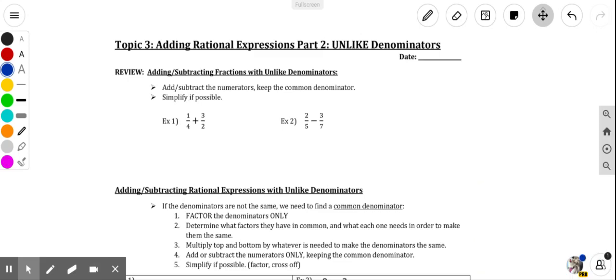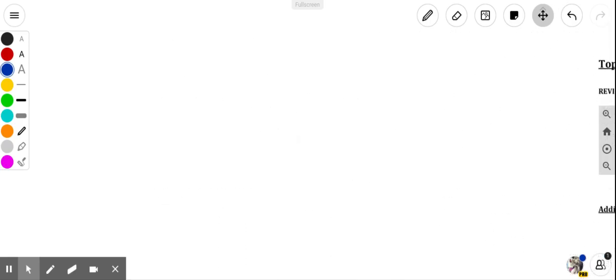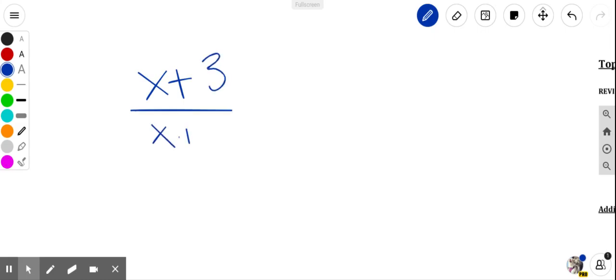So actually, before I start this, I'm just gonna, off to the side, do an example of adding or subtracting with like denominators. So let's say I gave you this: x plus 3 over x plus 1 plus 2x over x plus 1.